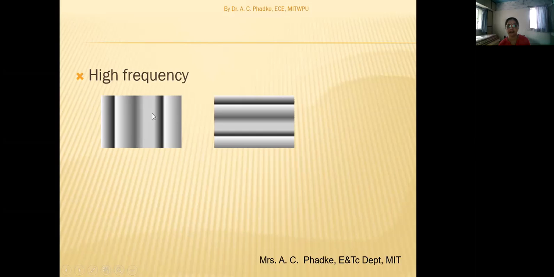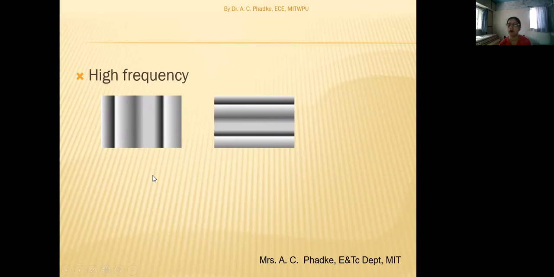Again gray shades become brighter, then darker. So there are multiple transitions in intensity values. Similarly, for this image, if you look at variations along rows, there are multiple transitions in intensity values. So we can say that these two images are examples of high frequency content.